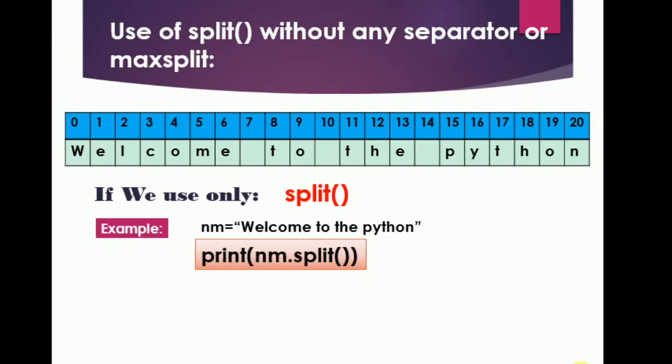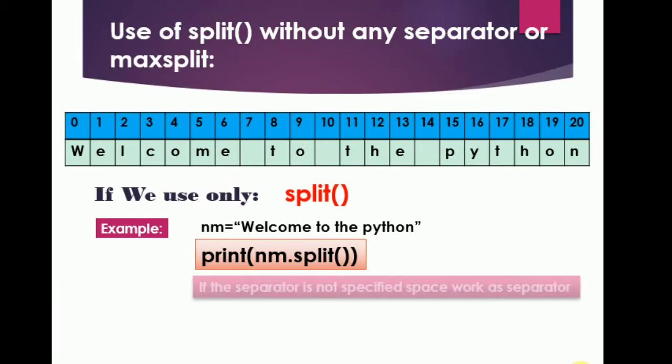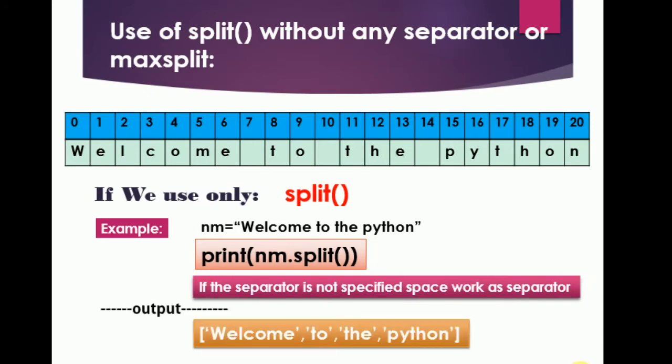Example, nm equals welcome to the Python, and I write the line print nm dot split. When I execute this, it will give me the output, and all the words are separated in single quotes and commas inside the brackets.